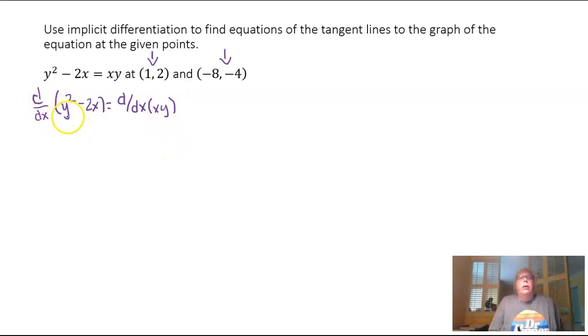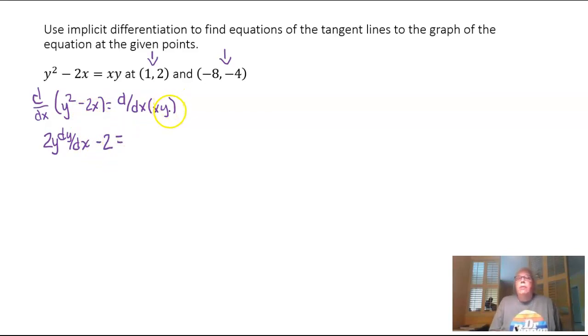To find the derivative with respect to x of y squared, we take the derivative of y squared, which is 2y, and then there's not an x here, so using the chain rule, we're going to have dy/dx. Now we take the derivative of 2x with respect to x, which is negative 2.